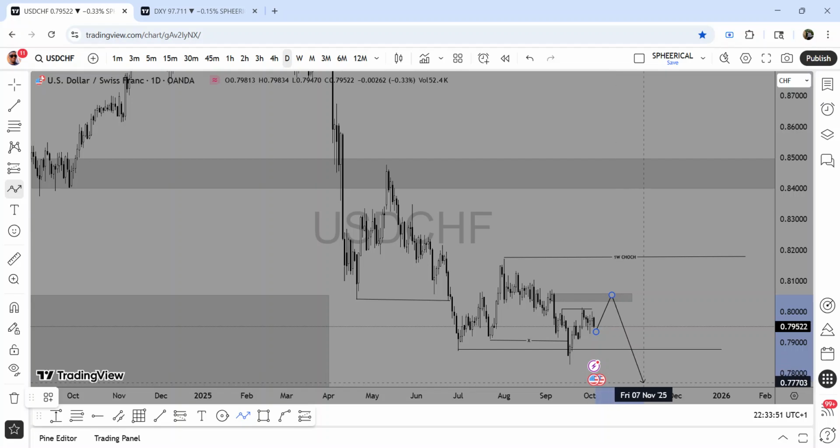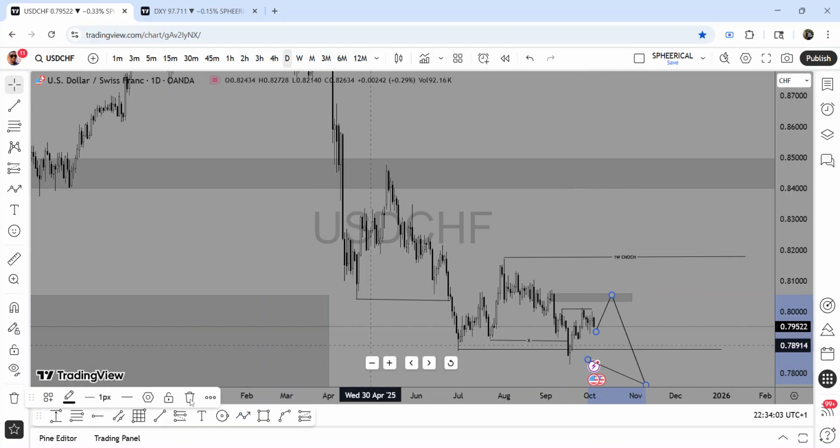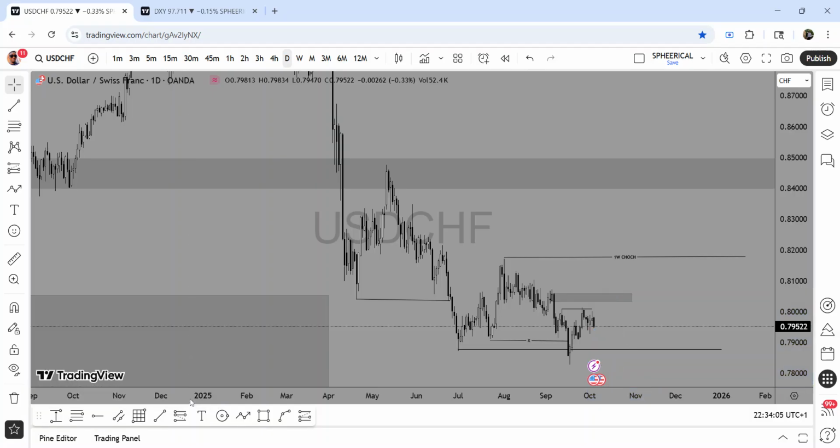movement, because it has been breaking structures and it is clear that in 1 day it broke structure here. So we can see that this market is still in a downtrend.